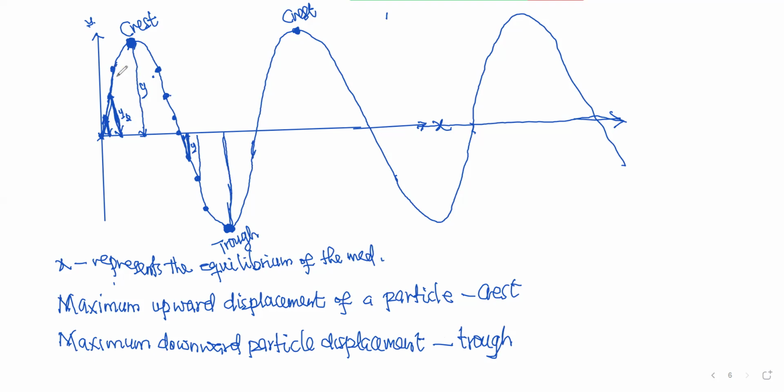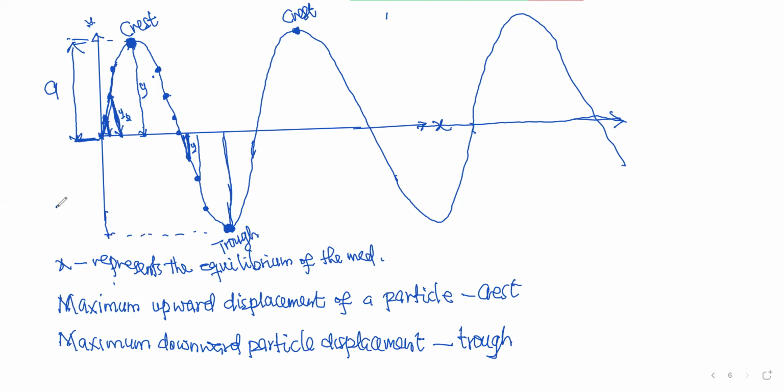Then the amplitude. The amplitude is a vertical measure from the equilibrium position to the crest or trough. Amplitude A, we have the same value below.